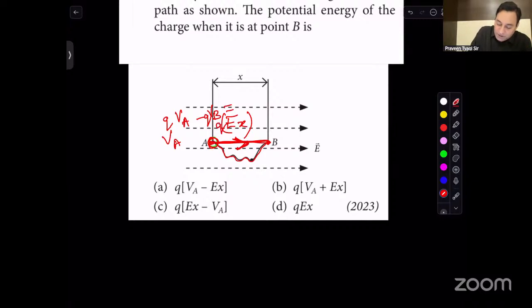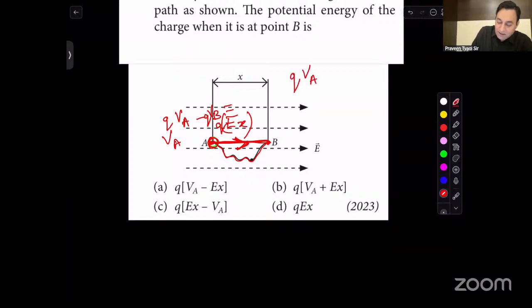So potential energy at A is Q into VA. Plus the work done by the electric field: Q into E will be the force, and force into X will be the work done.